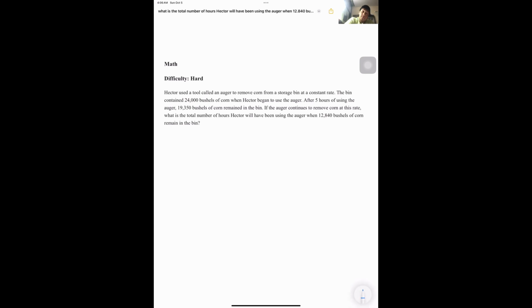Question number 4. Hector used a tool called an auger to remove corn from a storage bin at a constant rate, meaning a linear decrease. The bin contained 24,000 bushels of corn when Hector began to use the auger, so initial is 24,000.